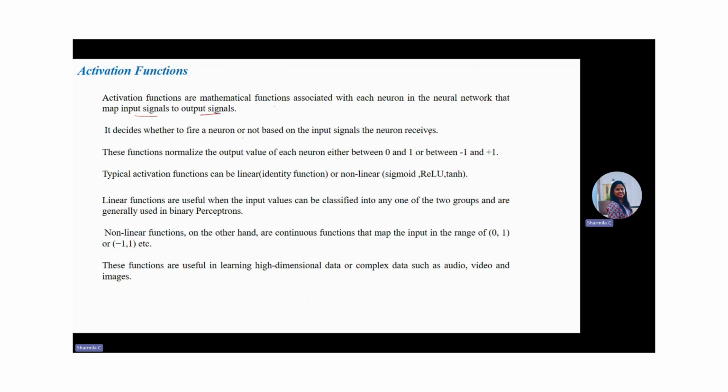Whenever we need to normalize the values within a particular range, we can do it with the help of functions called activation functions. Normally, the output value of each neuron that is sent as an input to the activation function is always either between 0 and 1, or between -1 and +1.